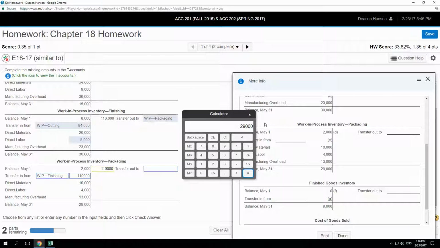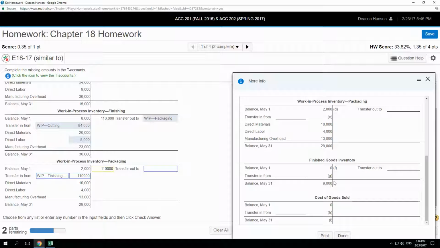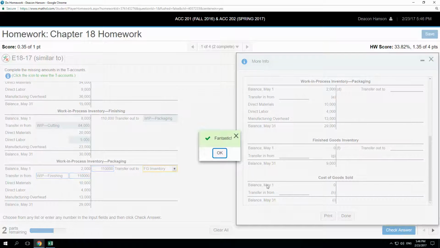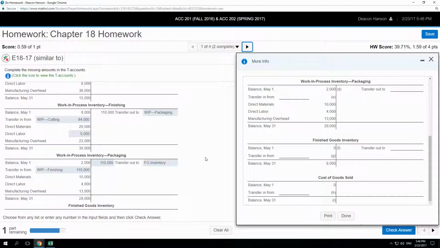Okay. So when it moves out of packaging, it's going to go to the finished goods inventory. So transferred to finished goods inventory. Yeah? So far so good.